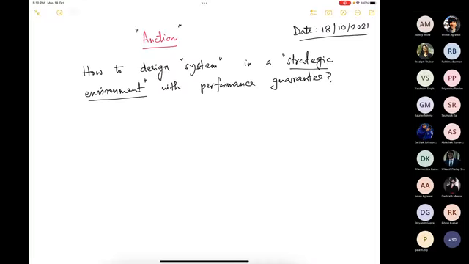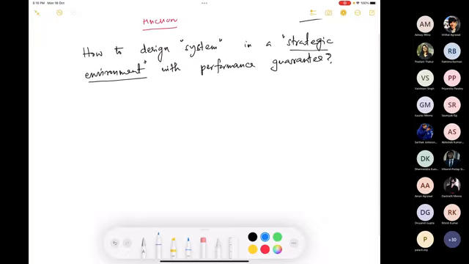When I say auction, there can be multiple types of auctions. In this course, we will focus on one of the simplest kinds of auction that one can think of, called single item auction. So what is single item auction?